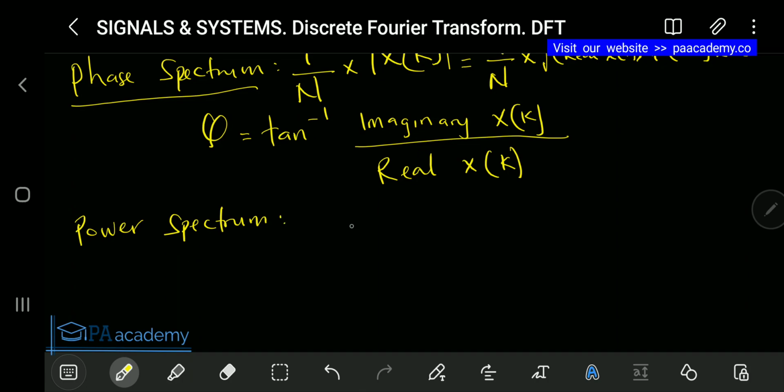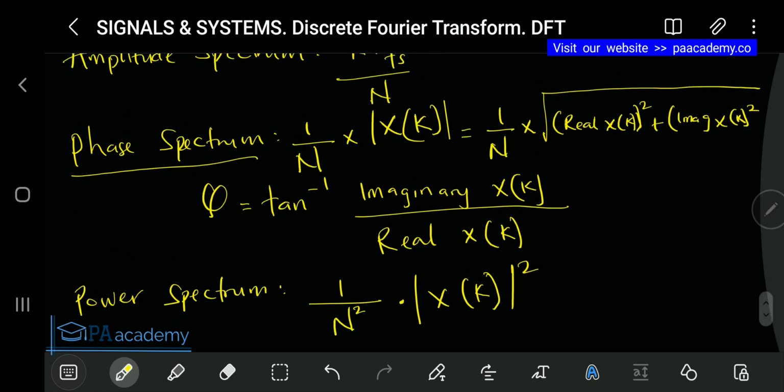For that, we have 1 over N squared multiplied by the positive value of x of k, and then we are going to square it.